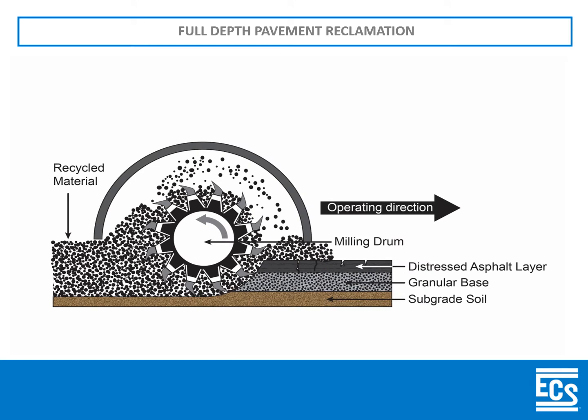It's basically a milling drum with a cutting blade. As the drum is advanced, it is cutting up and blending and mixing the distressed asphalt layer, whatever portion of granular base, and whatever portion of the subgrade soil. Again, this is the process that occurs in the field which we're trying to mimic and replicate in the laboratory.